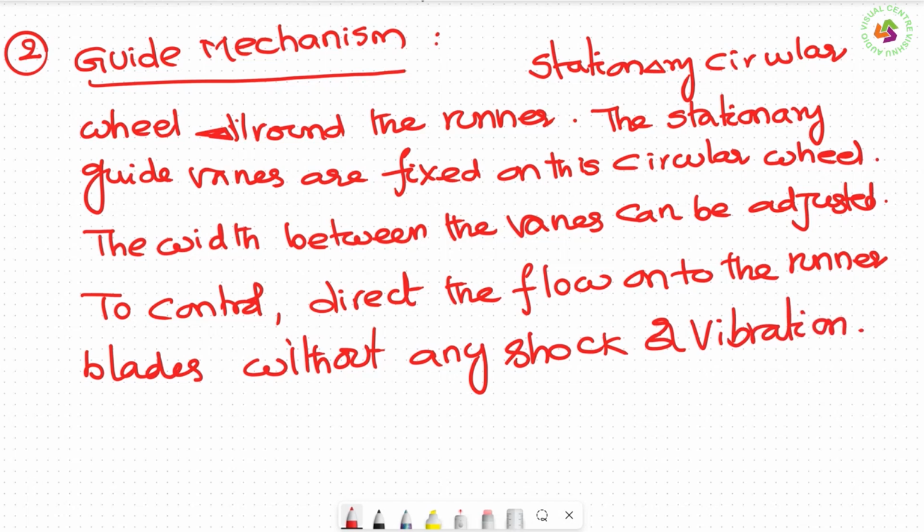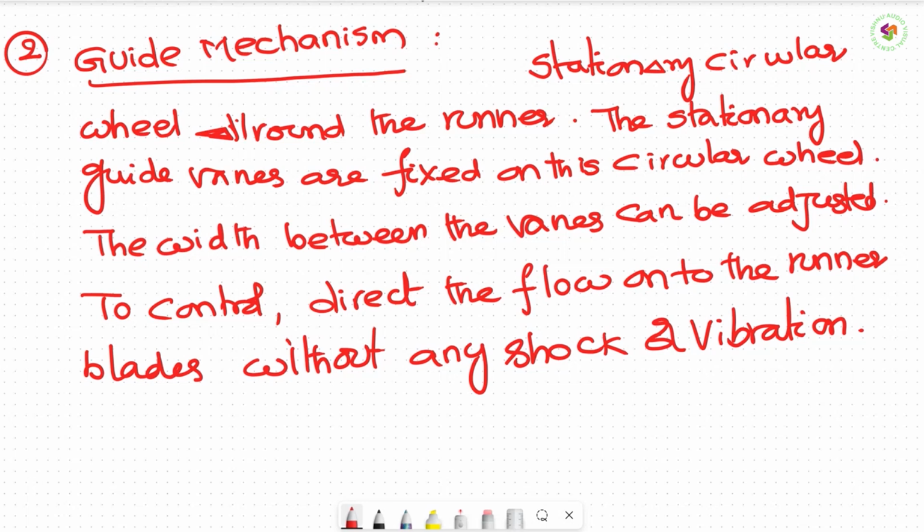This is the purpose. Otherwise, if the water enters onto the runner directly from the casing, the turbine itself gets shaking and vibrating, and there will be losses. So we are absorbing the shock losses by keeping this guide vane mechanism.